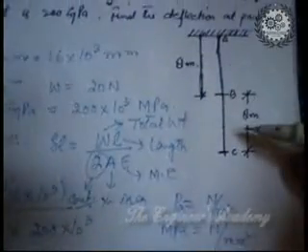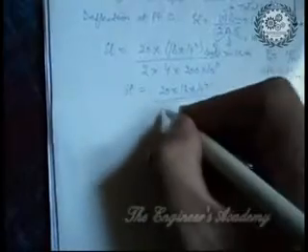So now if we solve this, since we are determining the deflection at C, here the total length will be 8 plus 8, that is 16, and the total weight will be 20 as is given in the question above. Now we have 20 into 16 into 10 raised to power 3 divided by 2 into 4 into 200 into 10 raised power 3.